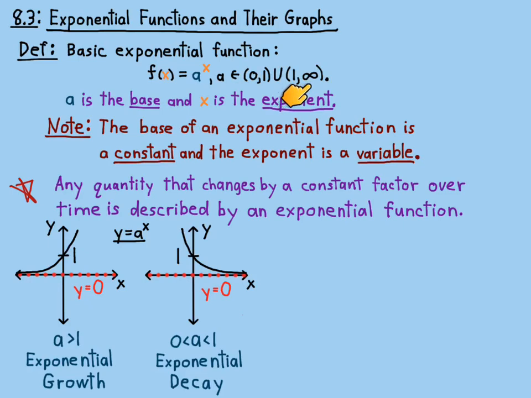And this type here is exponential growth. It's just nice and visual, right? So we call this over here the tail of the exponential function, where it approaches the asymptote. So exponential decay has its tail on the right, and exponential growth has its tail on the left.